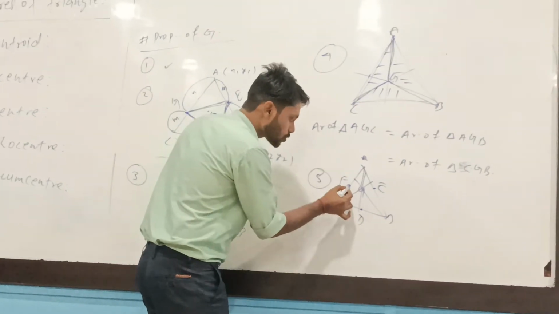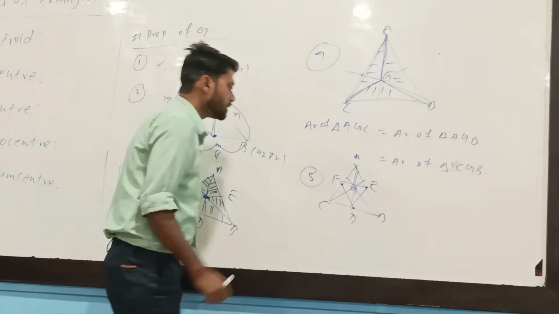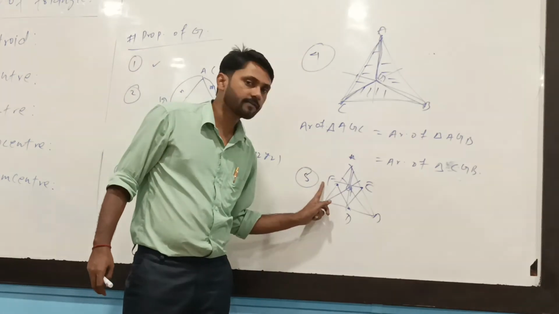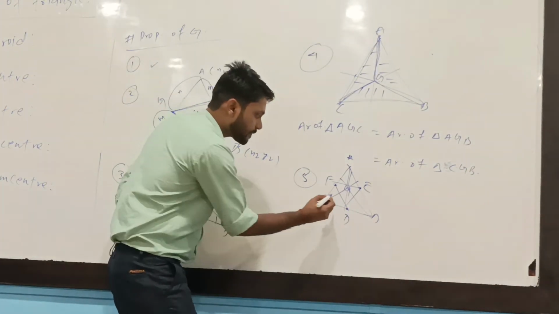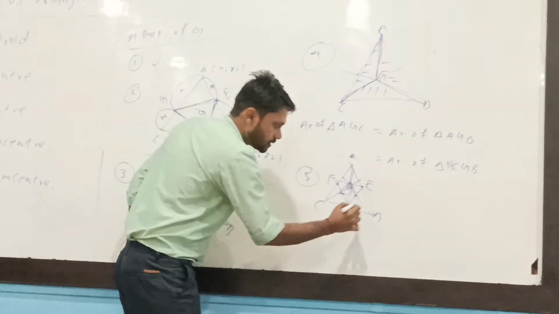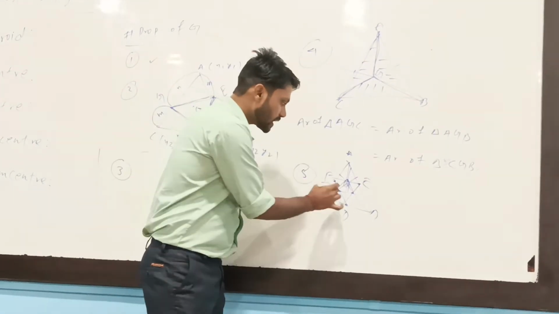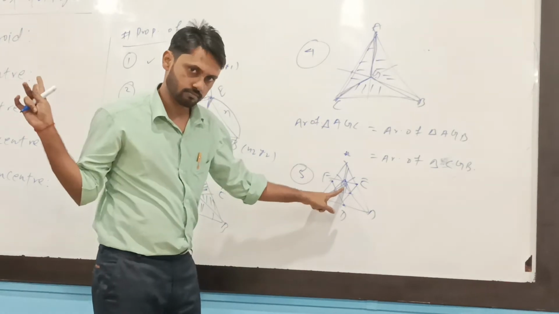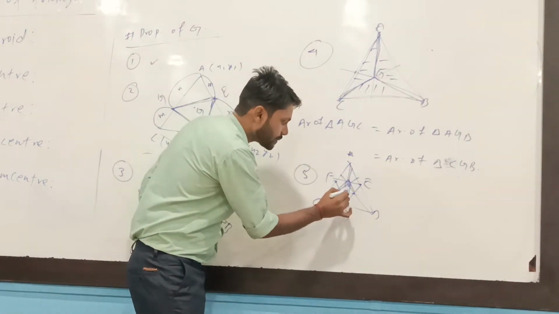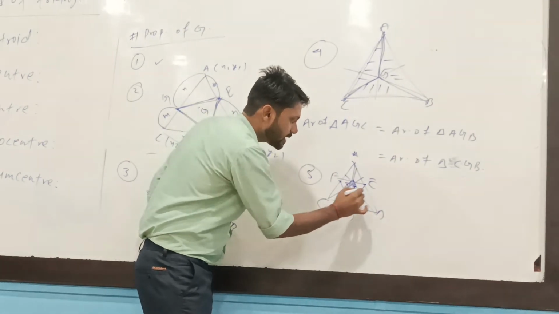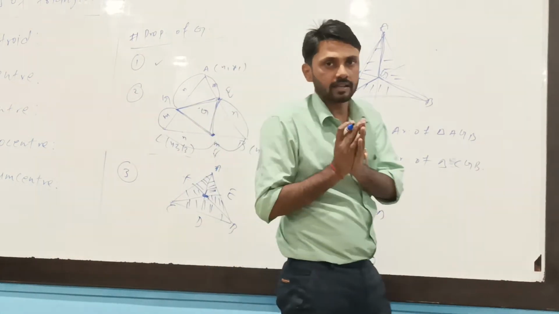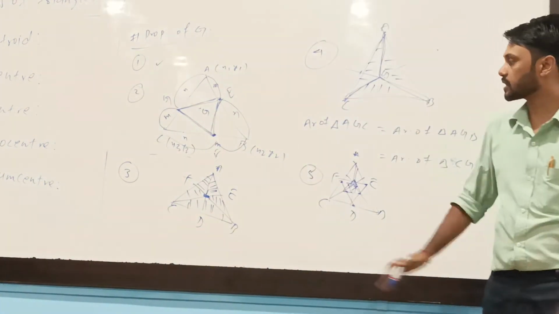Remember one thing, if you join them, then according to this property, the centroid of triangle DEF will be the same. Again, if you join the midpoints of these new triangles, then the centroid of the new triangle will be the same as the centroid of the original triangle. Now again you are doing the same thing. No matter how many times you do this, until the triangle becomes a point, you will get the same centroid for each triangle.